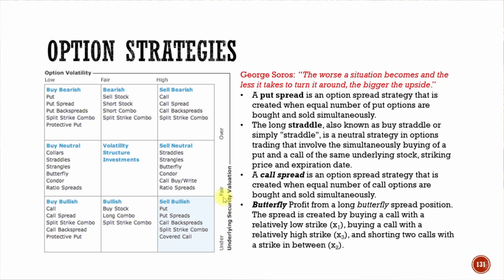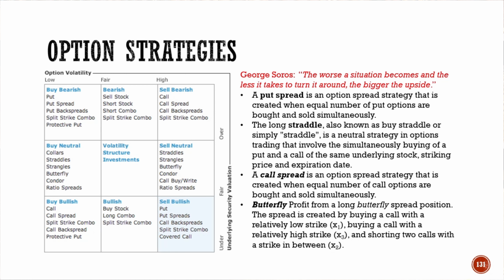It's under, fair, or over. So you can look at these different strategies and see what makes sense to enter depending on how the market looks. Very often the people that engage in option contracts buy different types of contracts. Okay, they might have a spread in between to leverage their abilities to make money.